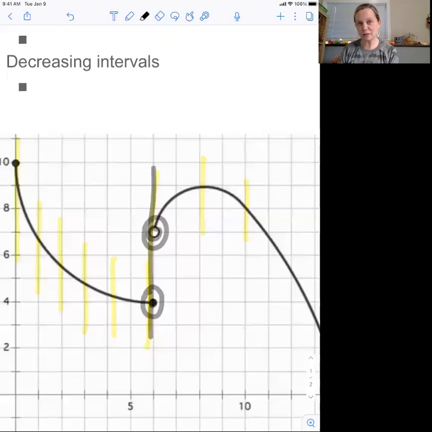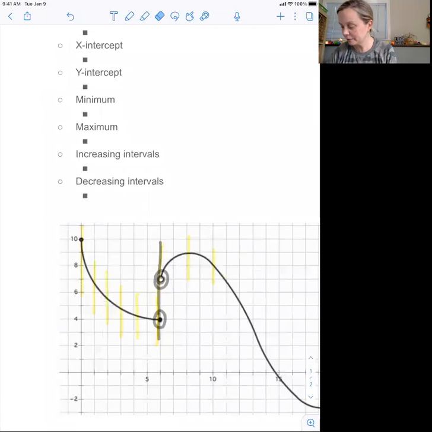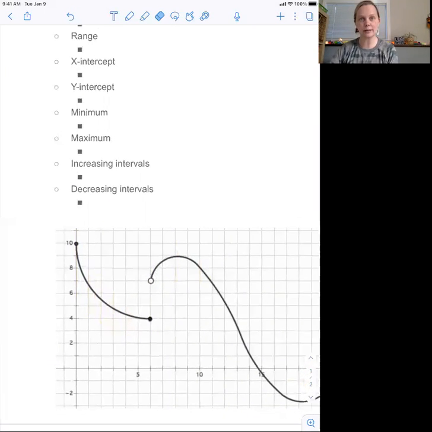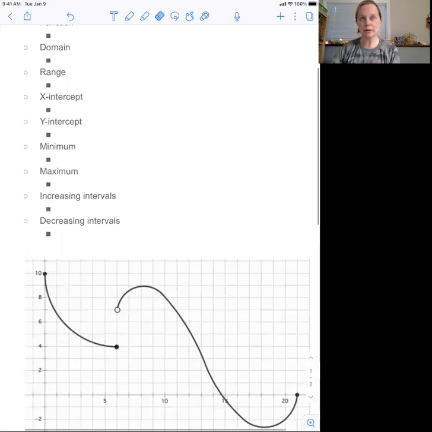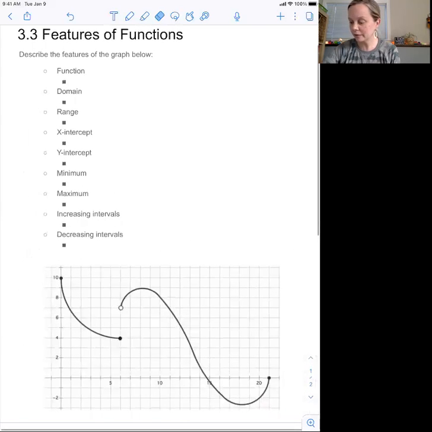So although it looks like I'm touching the graph there twice, there's only one point at that exact location. So get rid of those guidelines there, that means for us that we do in fact have a function. So the yes or no question to the function is yes, it is a function.